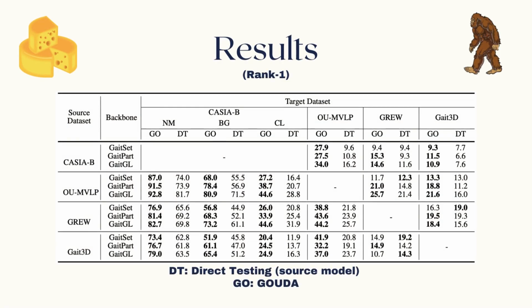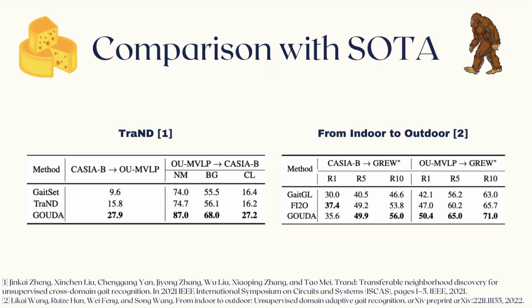We evaluate GOUDA on multiple gait backbones and datasets, showing superior performance compared to direct testing, which is the source model. In some cases, GOUDA improves the rank 1 by a significant margin. GOUDA significantly outperforms prior works in 9 out of 10 settings.